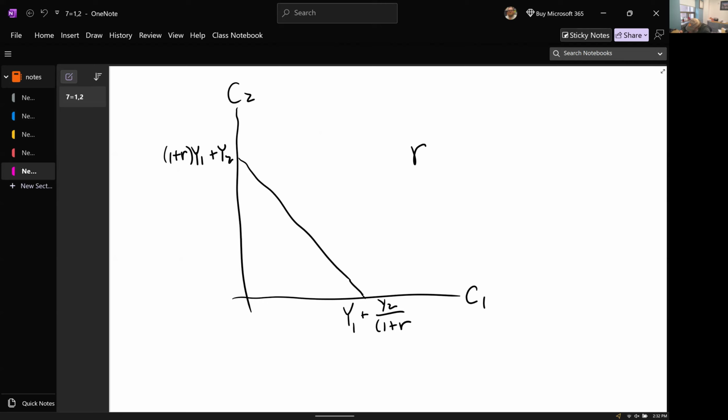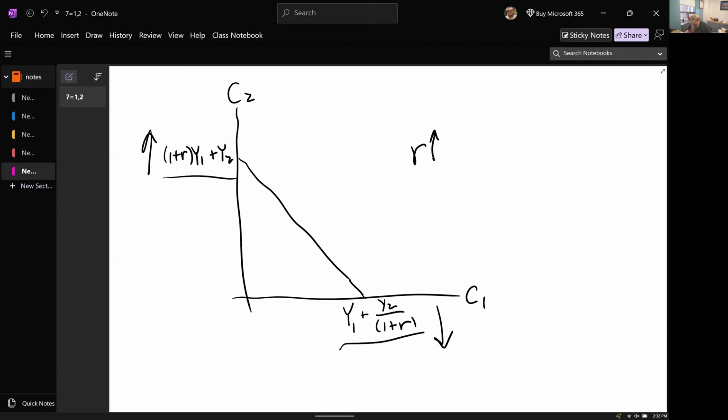So what happens if the interest rate goes up, right? If the interest rate goes up, what I should notice is that this value is going to decline and this value is going to go up, right? Because my discounted value of future consumption is going to go down.